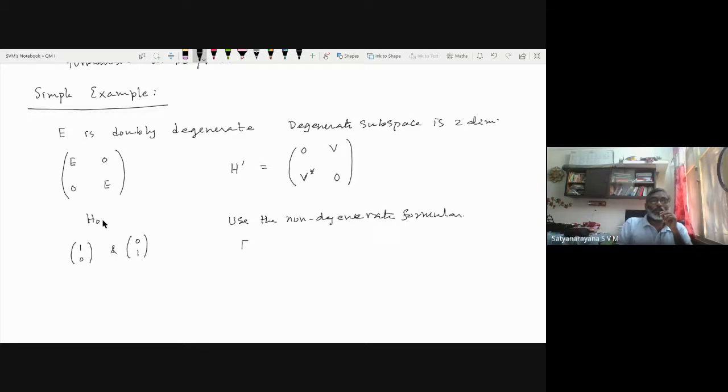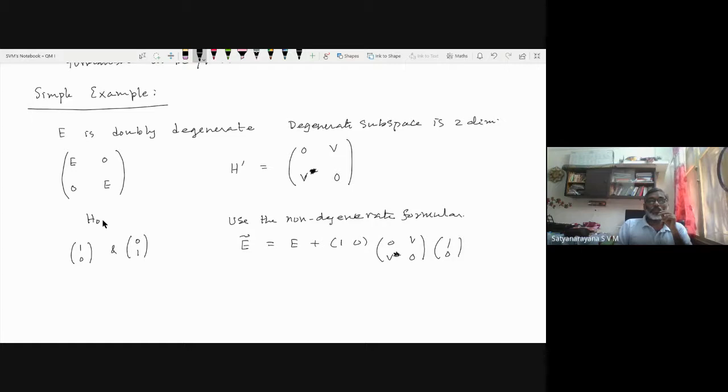So your first order correction, let us call the corrected one E tilde, will be E plus, you are going to write 1 0, 0 V V star 0. Let us also forget about this star. Let's say that it is real. So 0 V V 0 and then 1 0.